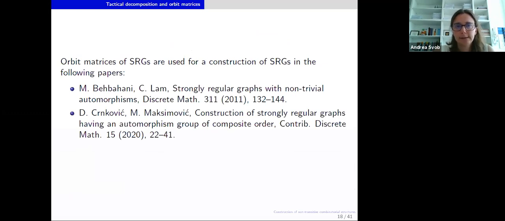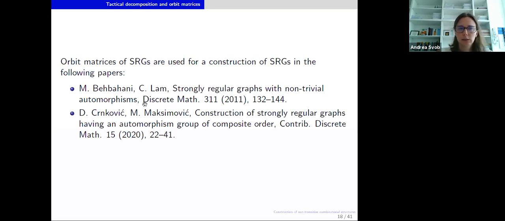In the same way as orbit matrices of designs were used for a construction of designs, here orbit matrices, or quotient matrices if you want to say it that way, of strongly regular graphs are used for a construction of strongly regular graphs in the papers. So Behbahani and Lam introduced this method for constructing strongly regular graphs, but they use the construction method for obtaining strongly regular graphs with non-trivial automorphism groups.